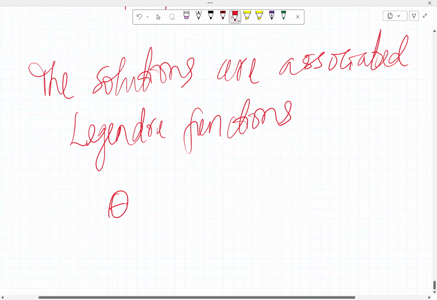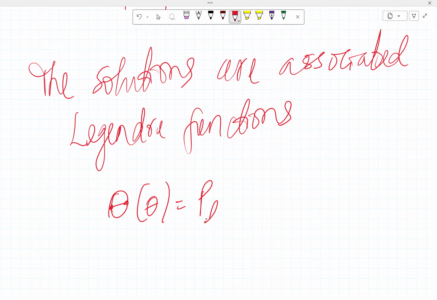That's big theta of small theta equals P L m of cos theta, like this.